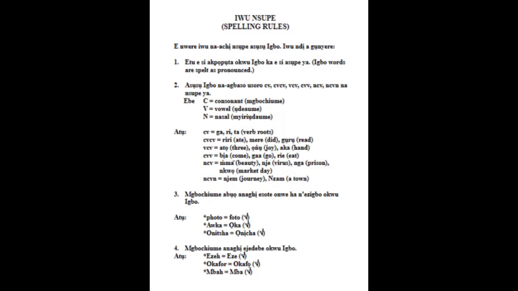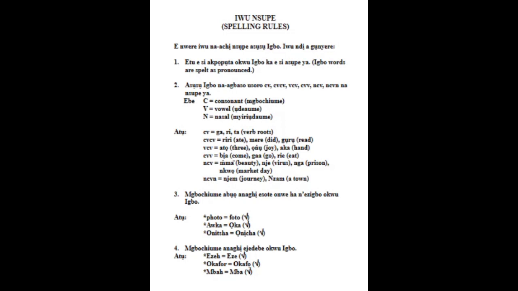So we have an example here. NCVN equals njem, journey. The first N and the last M, that is ne and me, are all nasals. So we have CV, G and E. Nzam, a town.